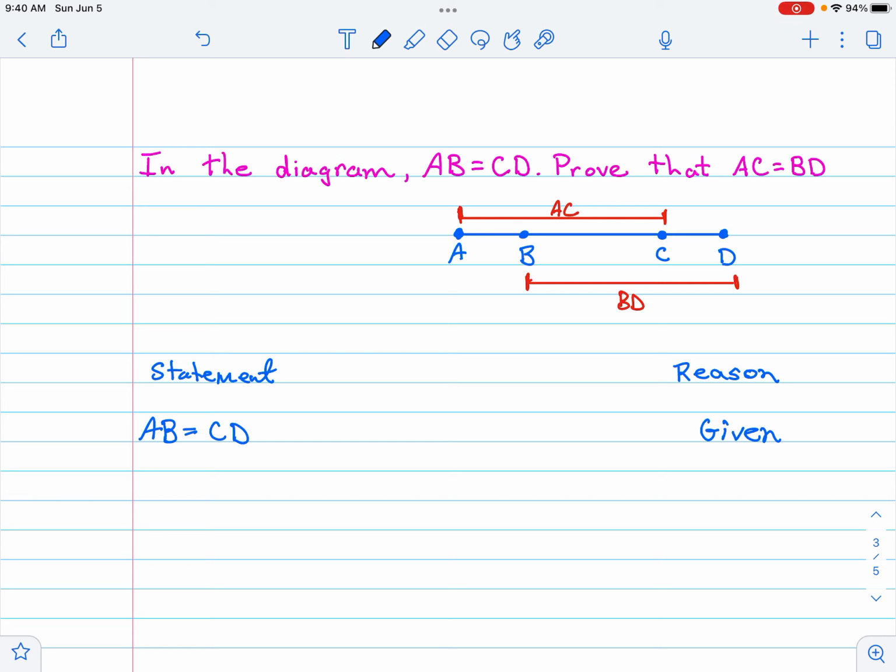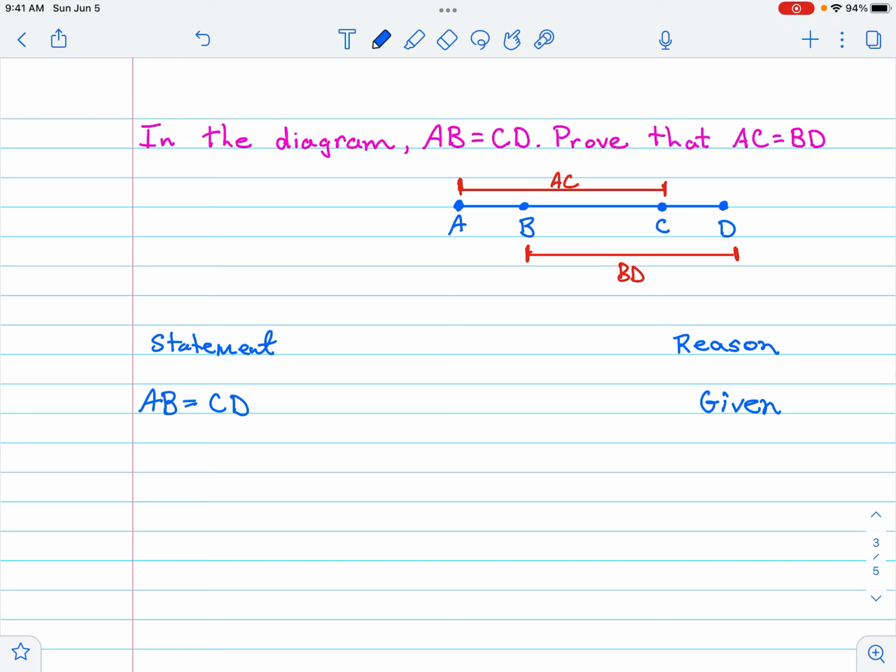Now, you're thinking, okay, I've got to think of a way to get AC and BD together. I've got AB and CD. I need AC and BD. I've got to figure out a way to get those together. Well, here's one thing.